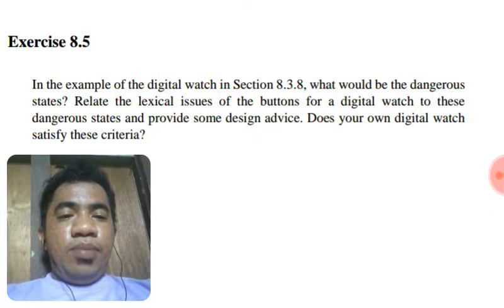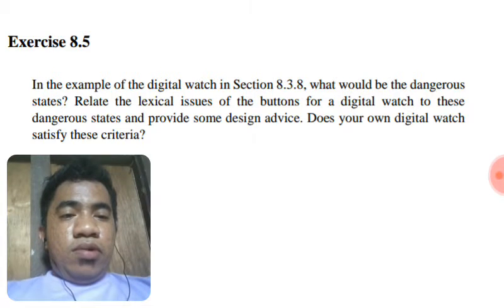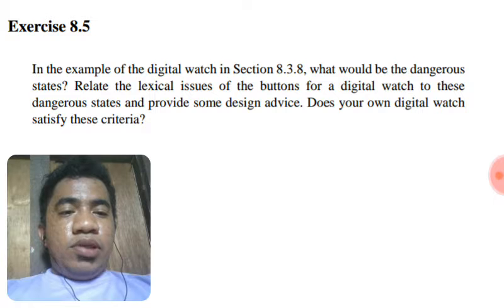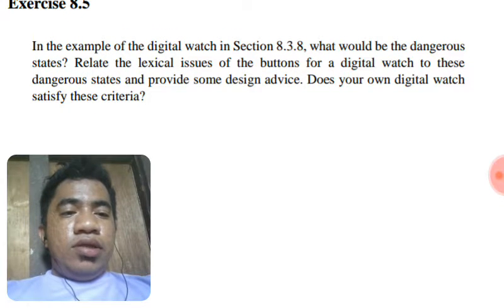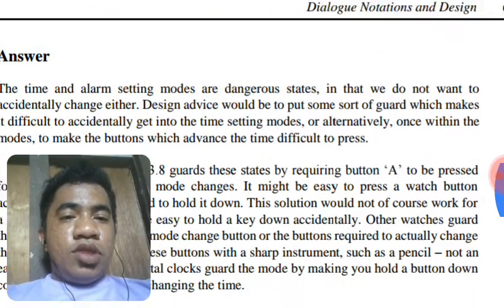8.5. In the example of the digital watch in section 8.3.8, what would be a dangerous state? Relate the lexical issue of the buttons of the digital watch to these dangerous states and provide some design advice. Does your own digital watch fit this criteria? Answer.